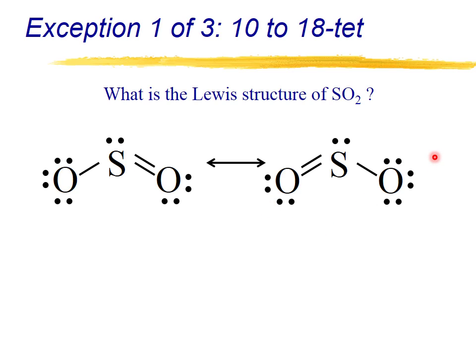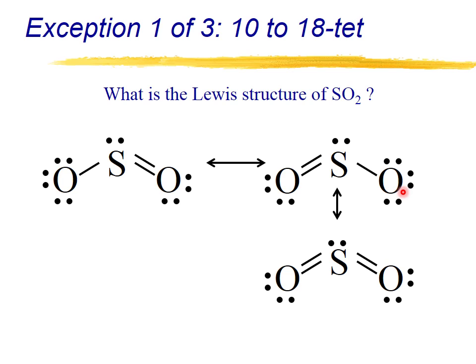The formal charges actually aren't completely minimized on this. The formal charge on this sulfur right now is +1, because it has 5 electrons associated with it, and normally it has 6. Likewise, the formal charge on this oxygen is -1.